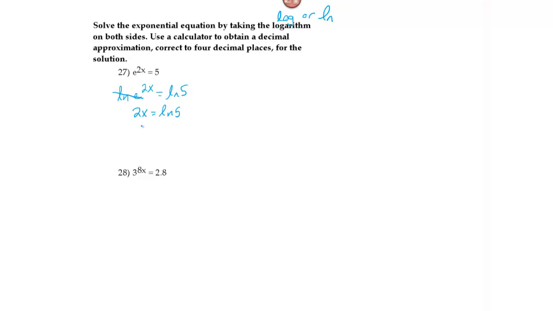Once we know that 2x equals the natural log of 5, that means we just need to divide by 2 on both sides. And on our calculator, that's ln, it opens a parentheses, 5, close parentheses, and then divide by 2. Which is 0.8047.